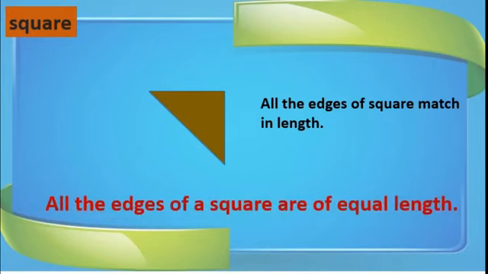Means all 4 sides of a square are equal in length. If one side is 5 cm, then all the rest of the sides are also 5 cm. This is the special property of a square.